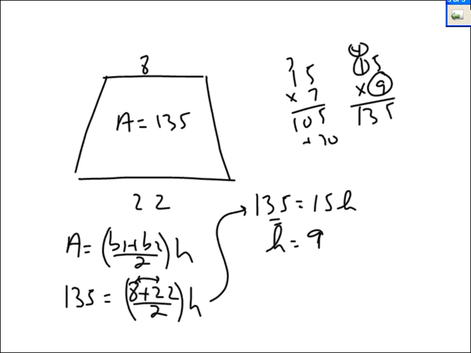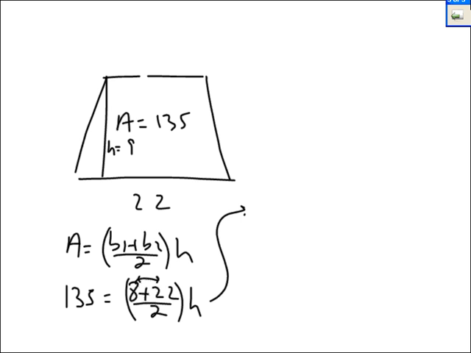And let's do this problem again. Suppose I tell you that H is 9, but I don't give you B1. Okay, so let's do it all over again. Give you everything but B1.